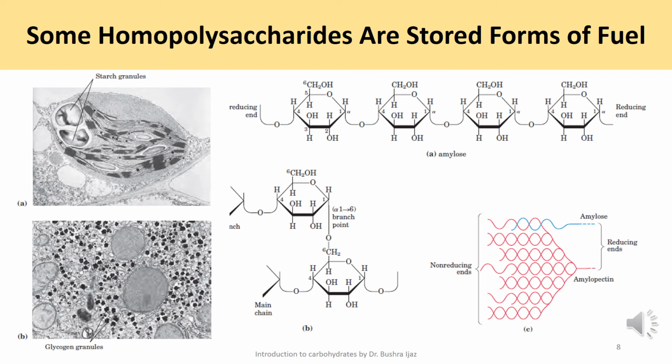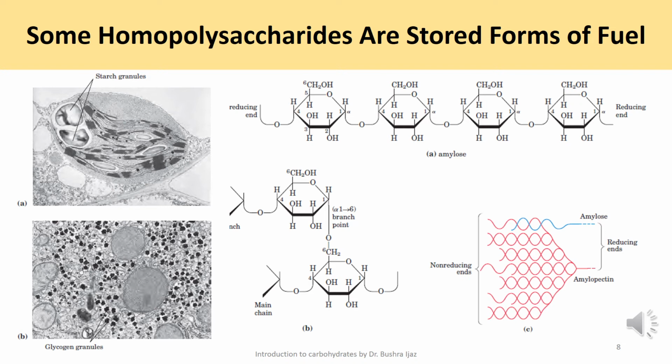Starch and glycogen molecules are heavily hydrated because they have many exposed hydroxyl groups available to hydrogen bond with water. Most plant cells have the ability to form starch, but it is especially abundant in tubers such as potatoes and in the seeds. Starch contains two types of glucose polymers, amylose and amylopectin. You can see them on the right side of the slide.